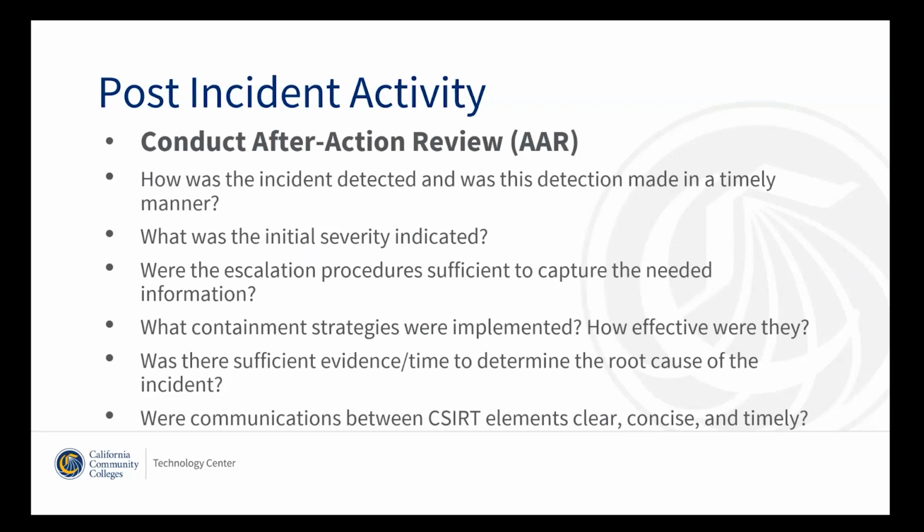Just some post incident activity. How was the incident detected, and was action taken in a timely manner? Were you able to assign the initial severity? Did the escalation procedures work? What were your containment strategies, and were they effective? Was there sufficient evidence or time to determine the root cause of the incident? Was communication between certain elements clear, concise, and timely?